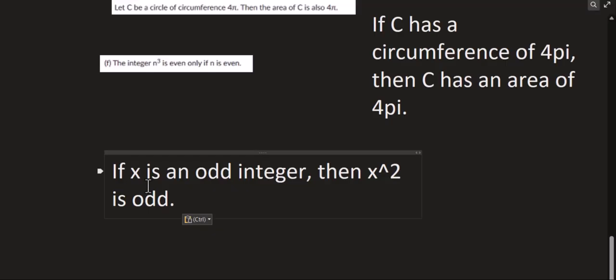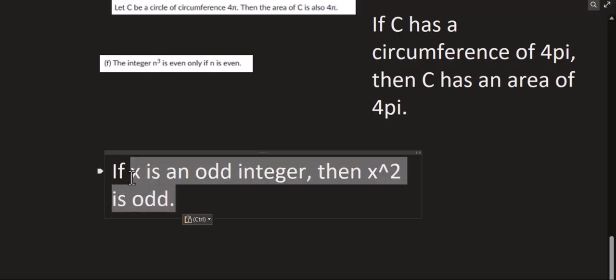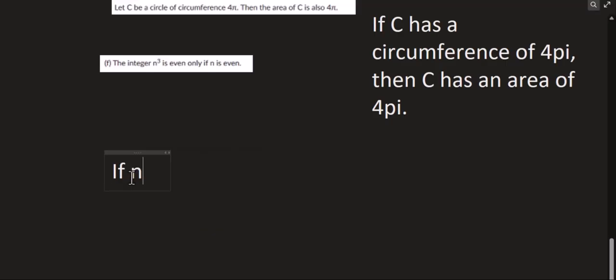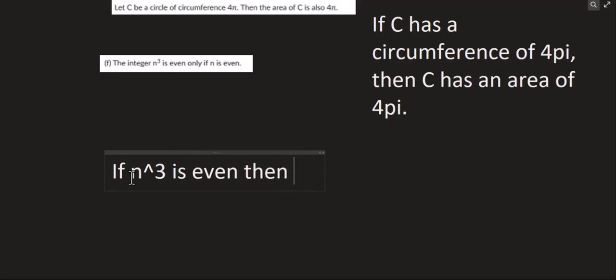And so the only if tells us that if n to the third is even, then, but it's actually even more than that. It says only if n is even. So how would I say this?